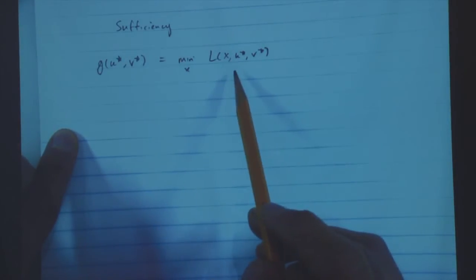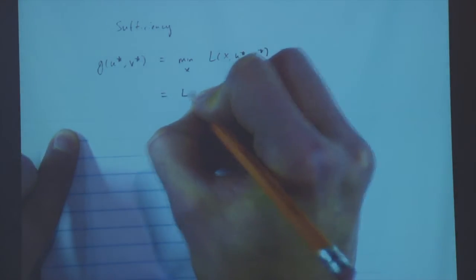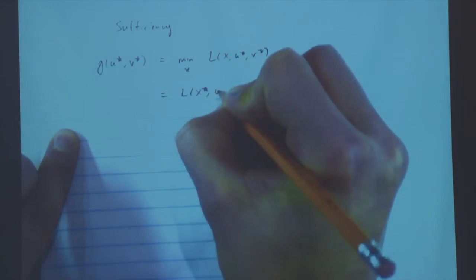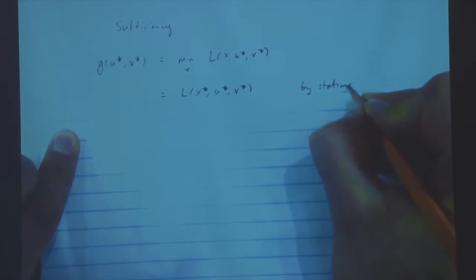By the stationarity condition, because you know that subgradient optimality goes both ways, the stationarity condition tells us that X star achieves the minimum here, because 0 is in the subgradient of this with respect to X when we plug in X star. That's just stationarity. So we know this is exactly equal to L(x star, u star, v star) by stationarity, the first of the 4 KKT conditions.